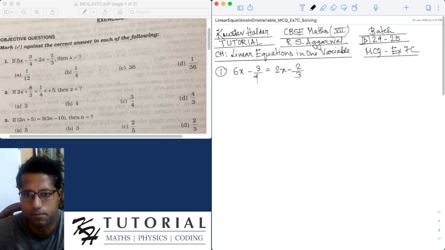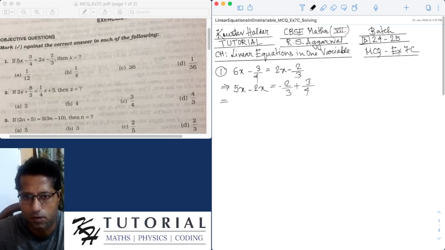Okay, so let's first do the first method. I will bring all the x terms to the left hand side. So if I bring the 2x to the left hand side, it becomes minus 2x because the sign changes. So 5x minus 2x, and if I bring the constant minus 3 by 4 from LHS to RHS, its sign will change, and so it becomes positive 3 by 4.